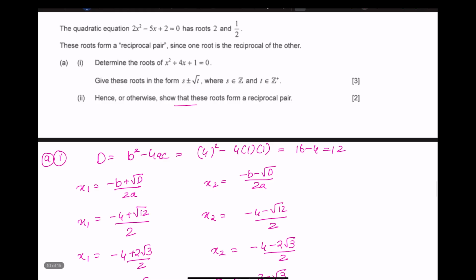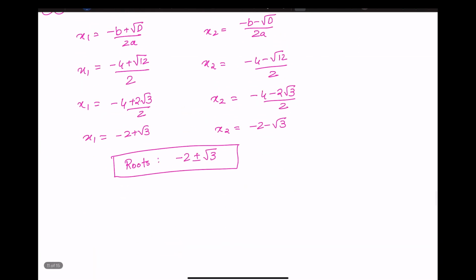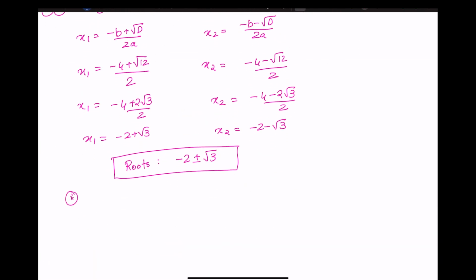Now we have to show that these roots form a reciprocal pair. For a reciprocal pair, I can just multiply them together and check whether the product is 1 or not. So minus 2 plus root 3 times minus 2 minus root 3. It is a minus b times a plus b, right? So I can write it as minus 2 whole squared minus root 3 squared.